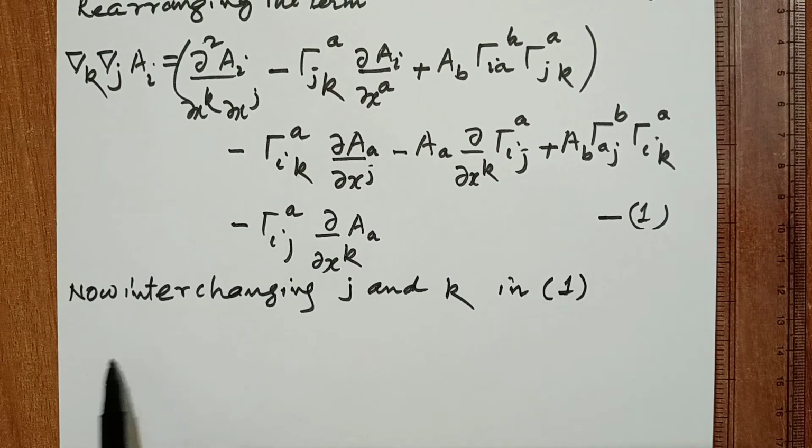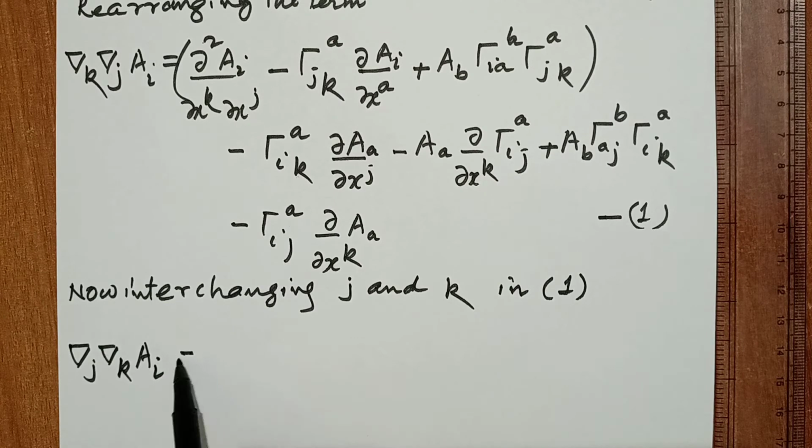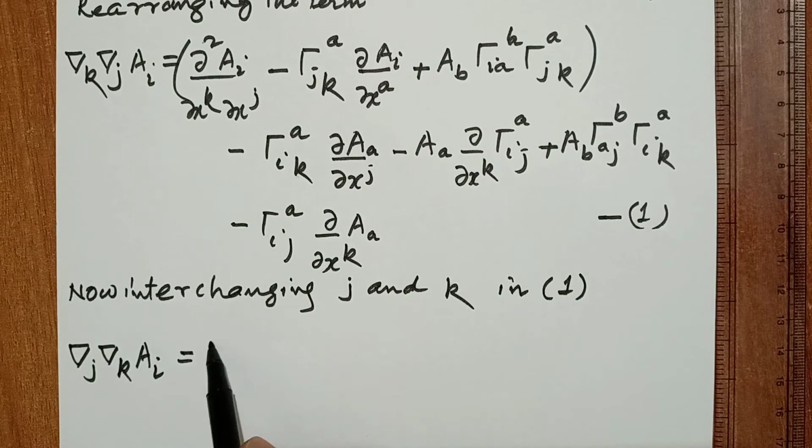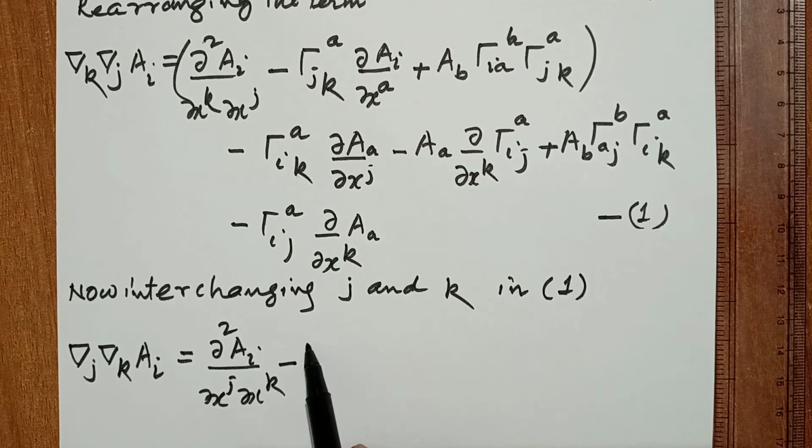So we get del j del k a_i is equal to, we interchange j and k mutually, so this is equal to del 2 a_i upon del x j del x k minus gamma a k j del a_i upon del x a.